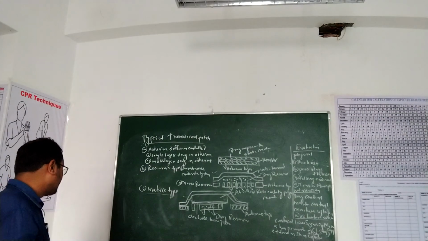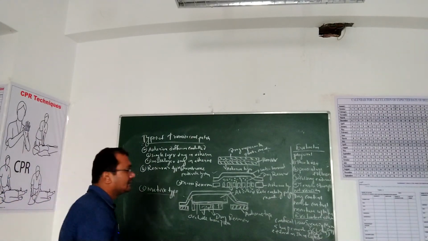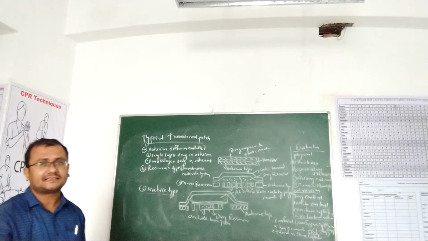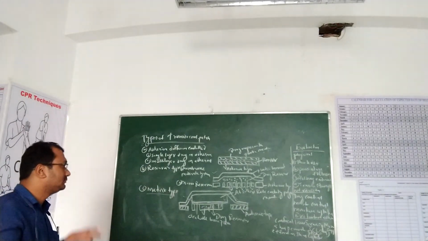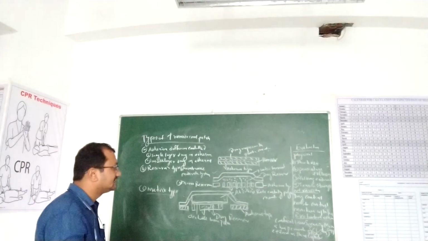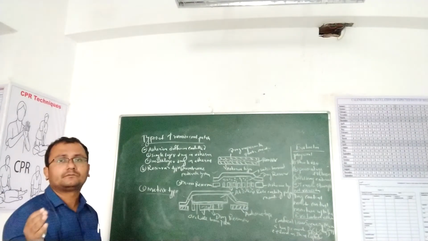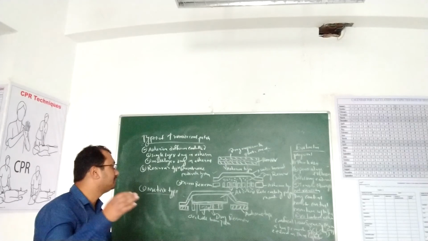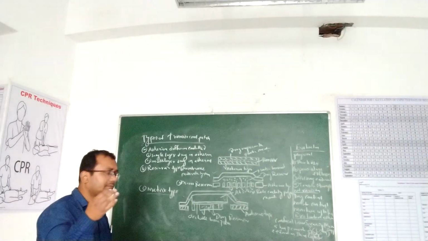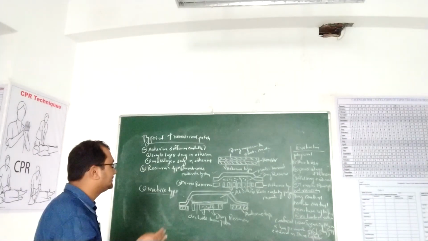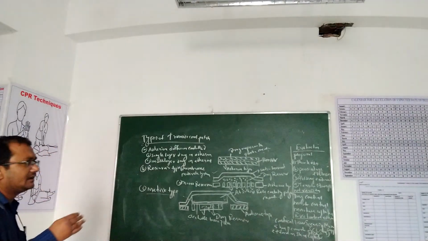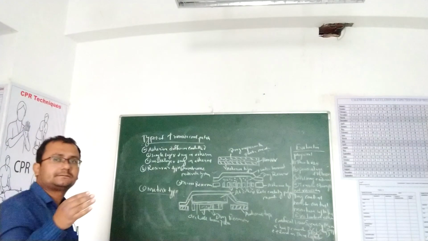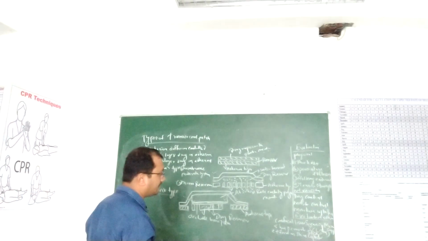Then coming to another evaluation test, weight variation. Weight variation means batch to batch the same weight will be maintained for the total batches of transdermal patches. So 10 transdermal patches will be taken and the weight variation measured. Then drug content: from every transdermal patch the drug content will be determined.